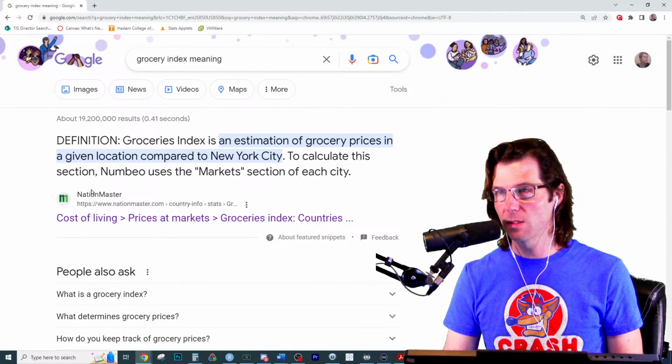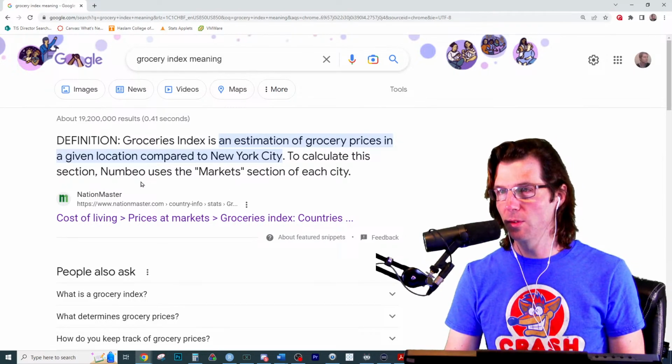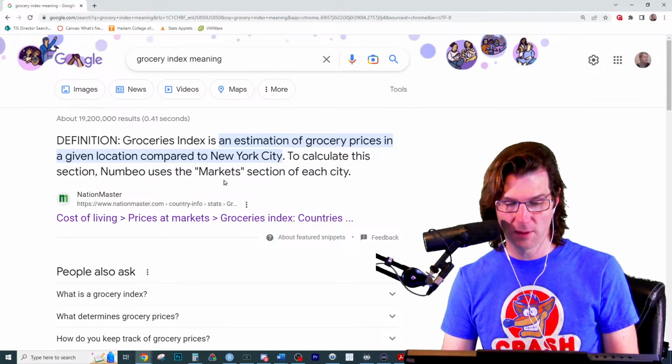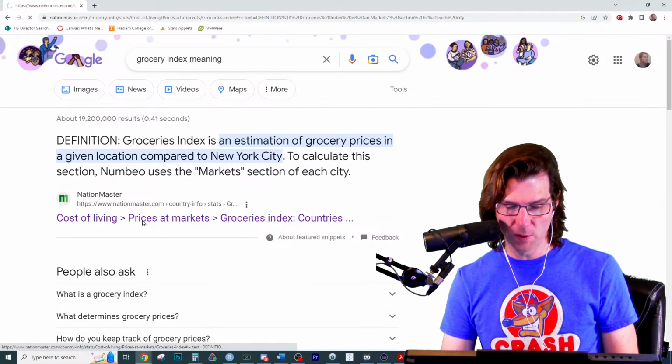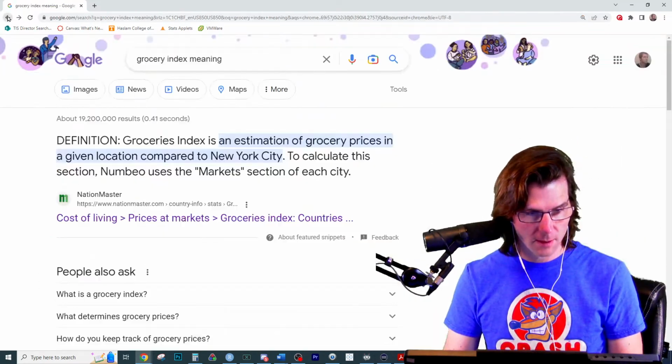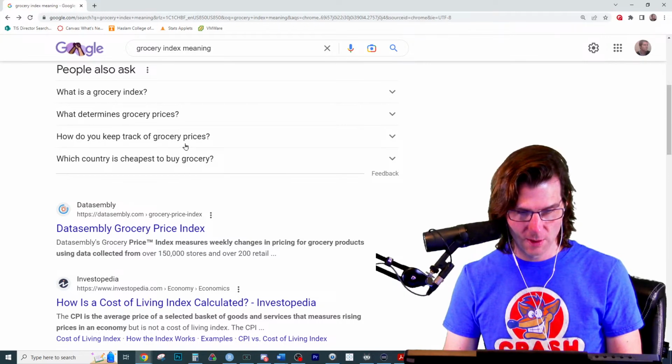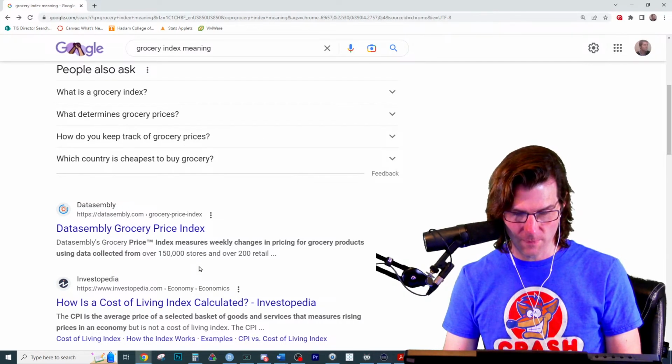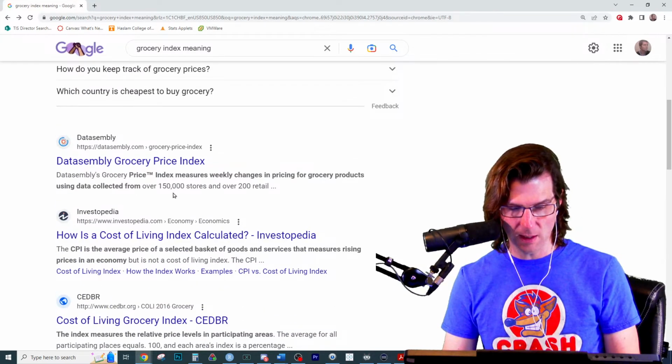So to calculate this number, they're using markets from each city. When you look at this right here, we'll go to interpretation.